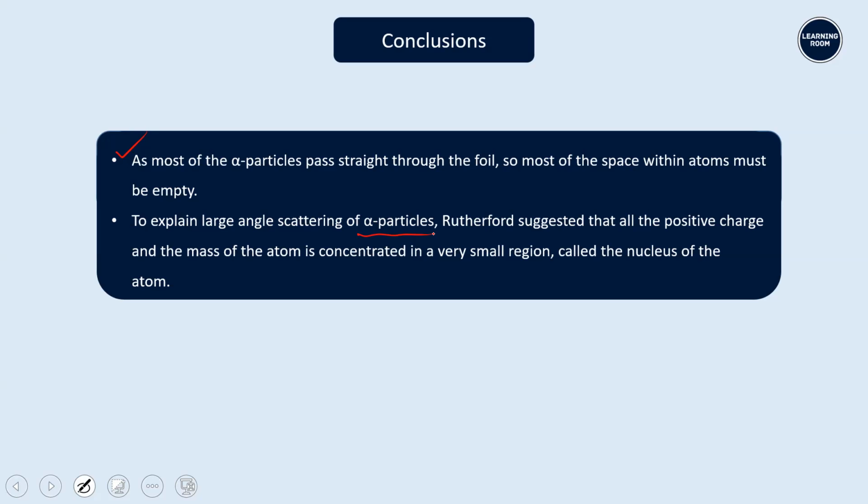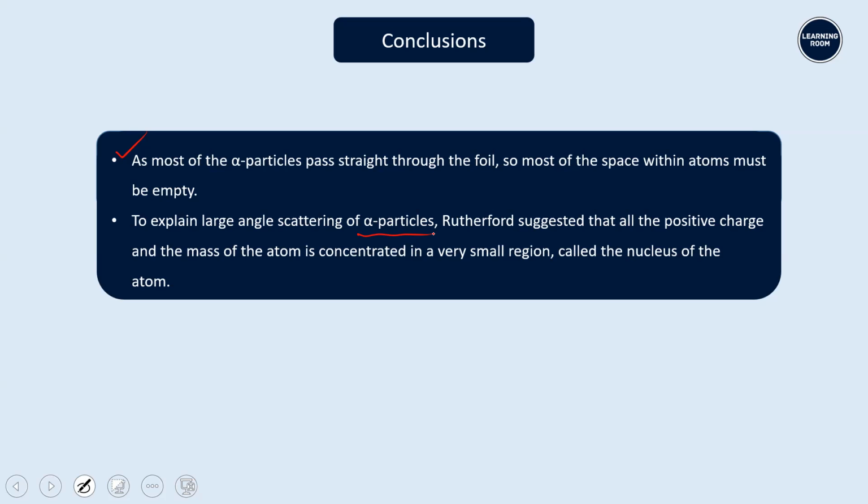So what he suggested is only few particles took a turn of 180 degrees or let's say 90 degrees, right? So there is only a specific area where you can logically say that there is a positive charge present because the charges that got deflected were also positive, right?